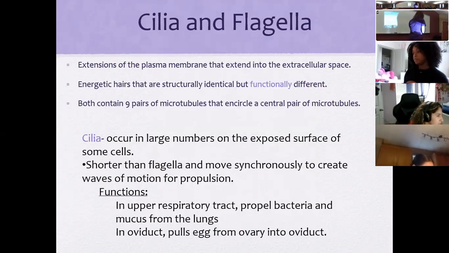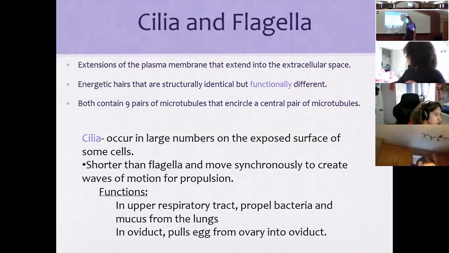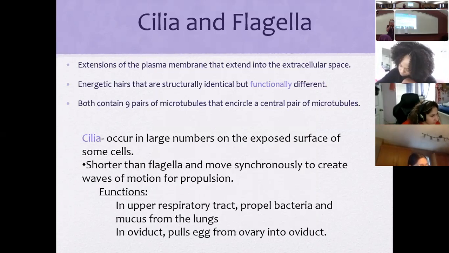Let's talk about cell movement for a minute. I have two different anatomical components to my cells that allow them to move. Typically either move things or move themselves. The first one is cilia. Cilia, if you remember from medical terminology, means hair or hair-like.